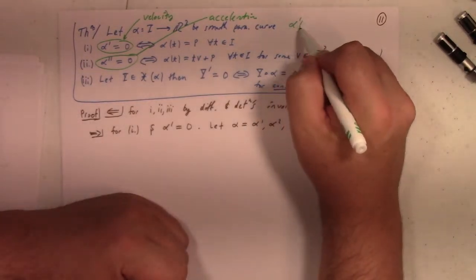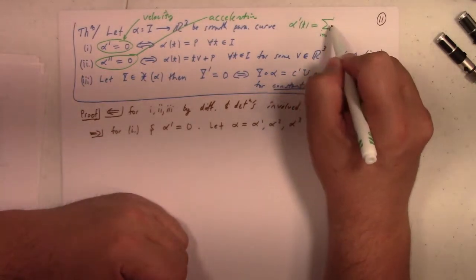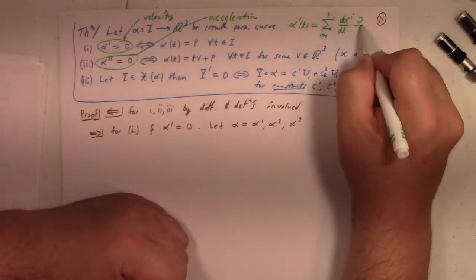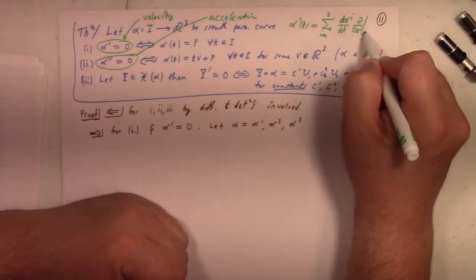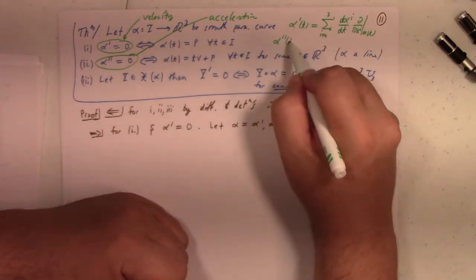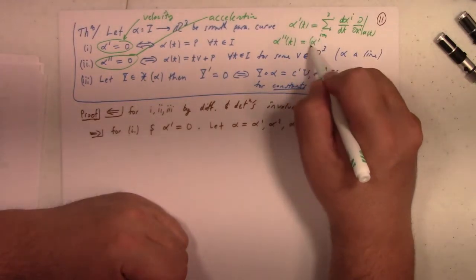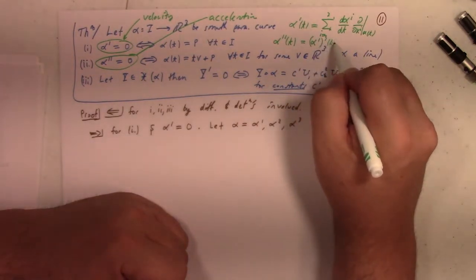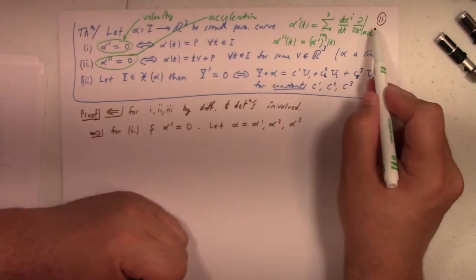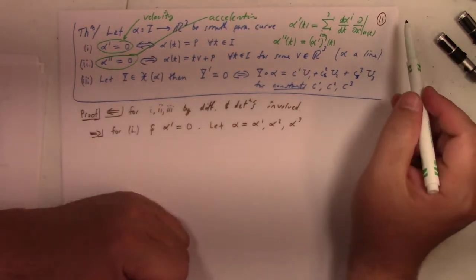Alpha prime of t is the sum, i equals 1 to 3, of d alpha i dt times partial x i at alpha of t. And that makes sense because if I define alpha prime of t this way, it gives me a vector field, ignoring that little bit about open sets around the thing, which I never really do anything with.